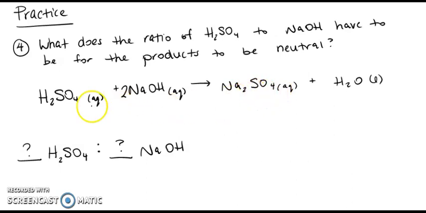I have 1 sulfate ion in each side. I have 2 hydrogen, 1 oxygen, but then I have 4 hydrogen, 2 oxygen, so that's an easy fix. Balance my water. So for the answer, I have 1 acid for every 2 base in order for it to be neutral.